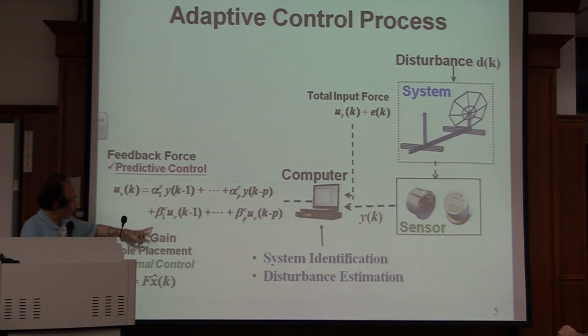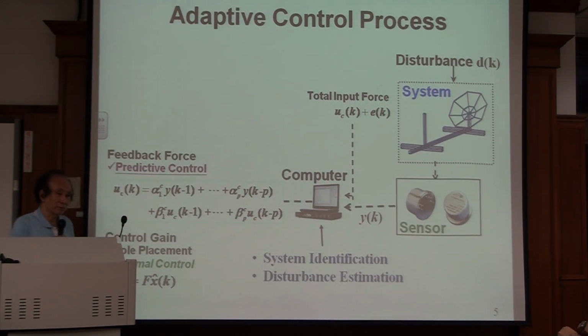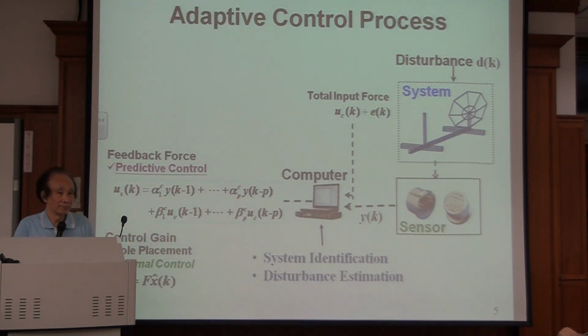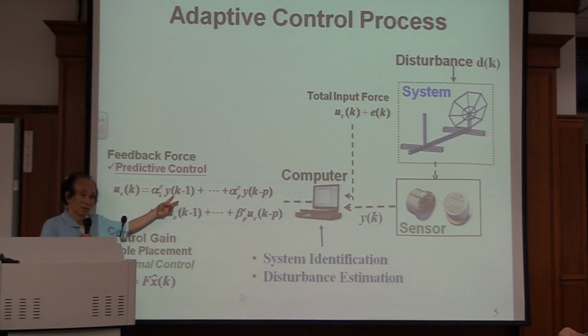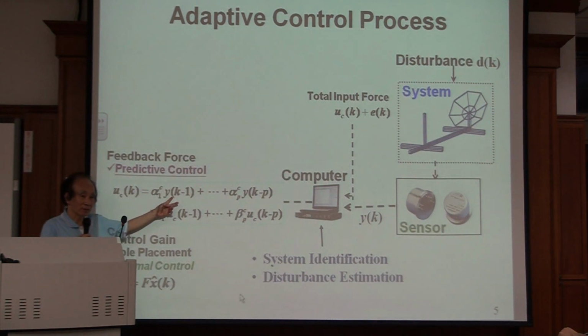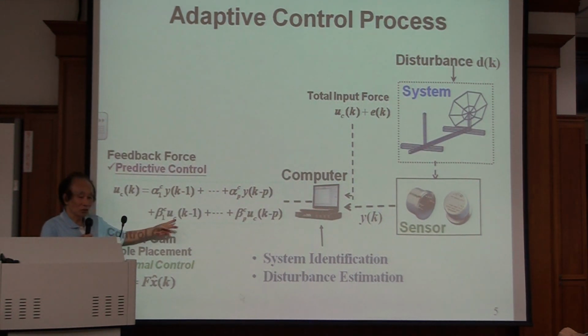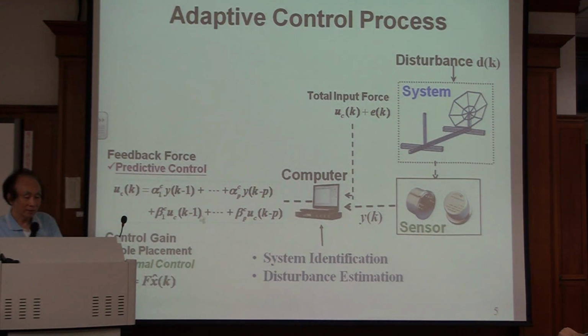Okay. Now from this chart, which method do you think is simple? Anybody tell me? It looks like this is simpler, right? Because the past y, past measurement, past u, the past y and past u, they're given.